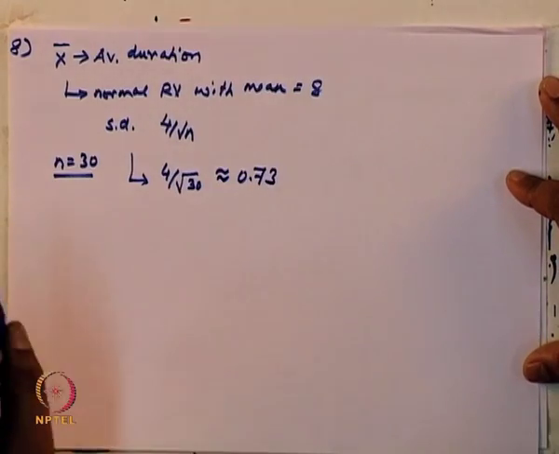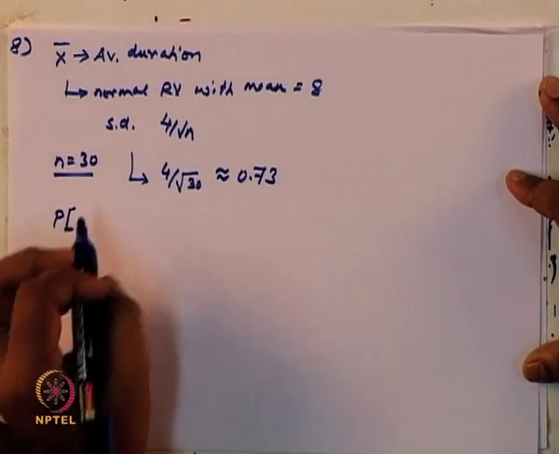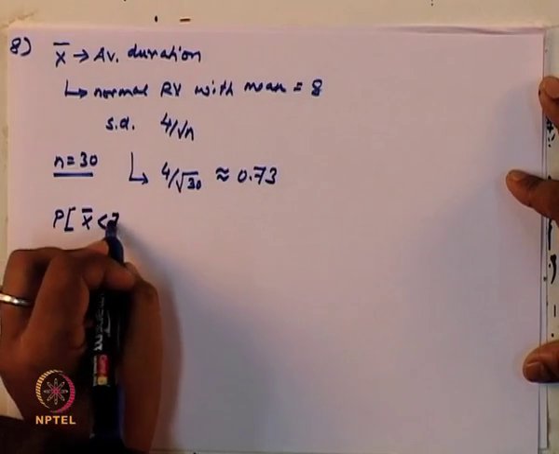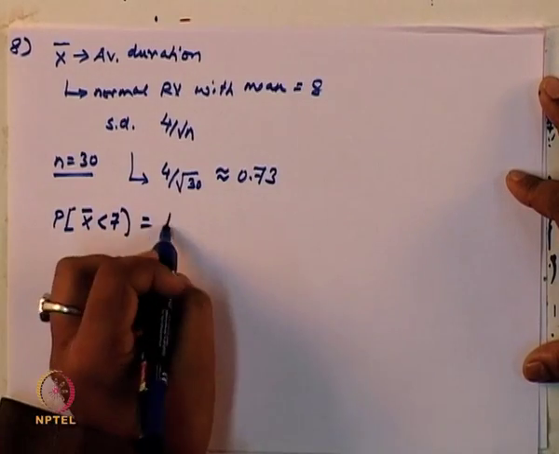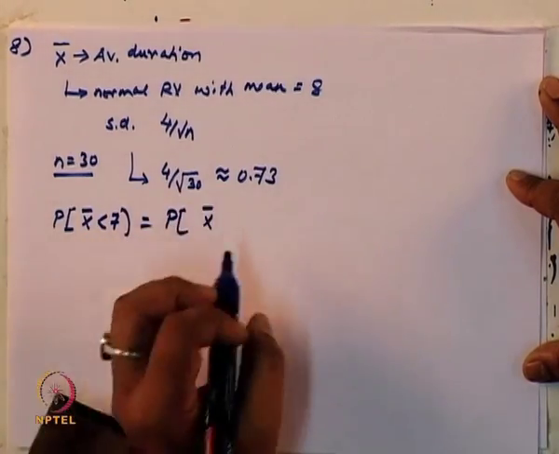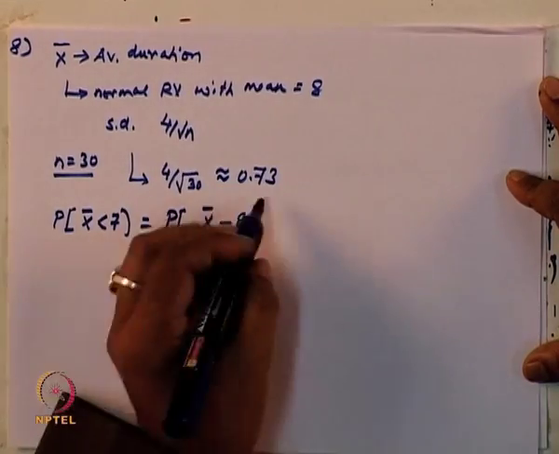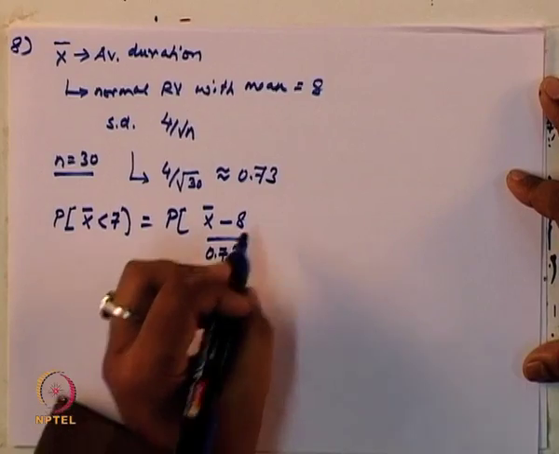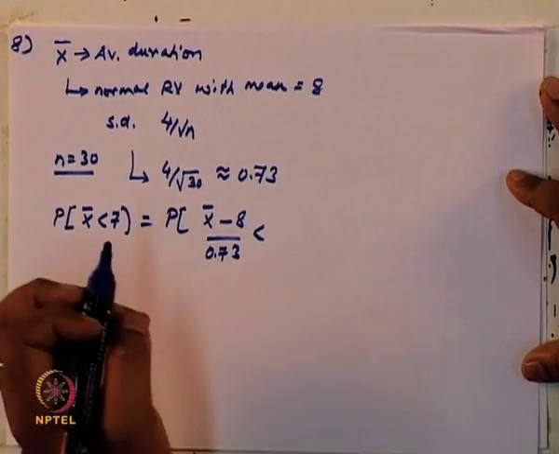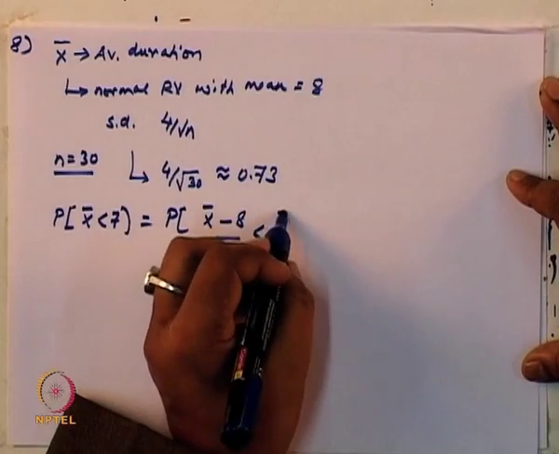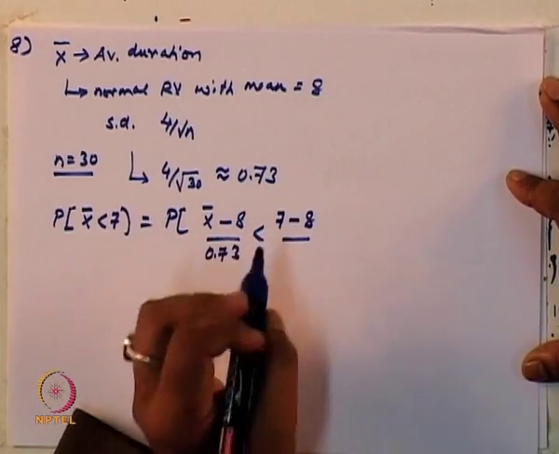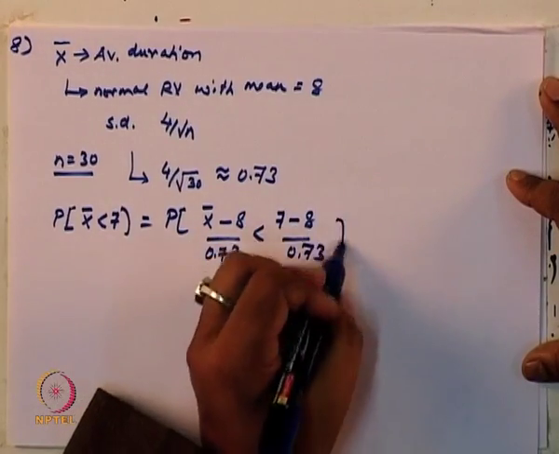So, we want to calculate the probability of x bar less than 7, which is the same as the probability of x bar minus mu, which is 8, divided by sigma by root n, which is 0.73, being less than 7 minus 8 divided by 0.73.